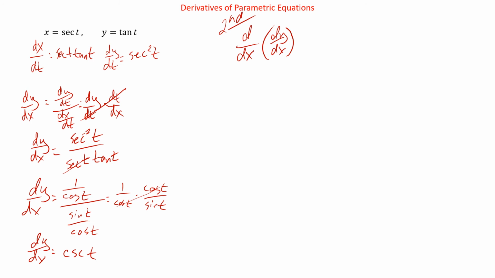we're going to use u substitution again. We're going to take this dy over dx and make it u. So we'll end up having to find du over dx, because that would be d over dx of u.